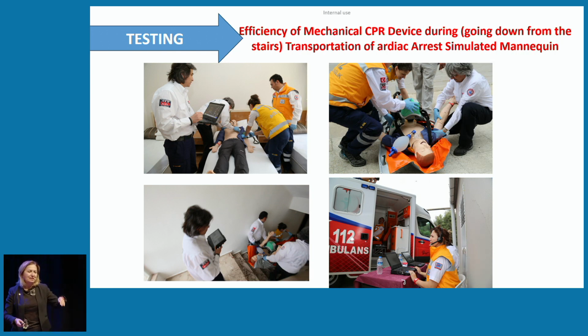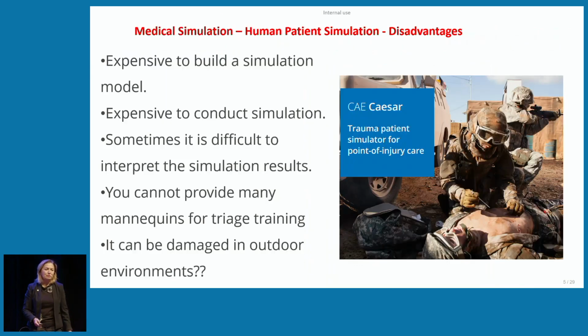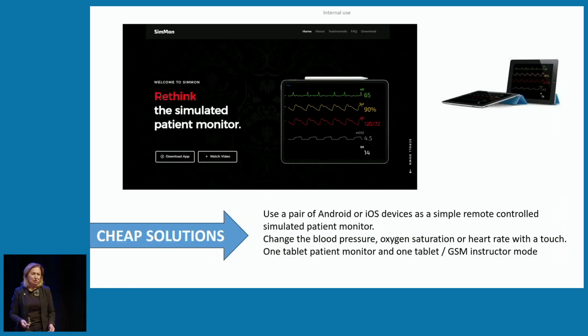For going down the stairs, we need uninterrupted chest massage, so it can be used in such cases, but they are very, very expensive, and sometimes they get damaged. They also produce the Laerdal trauma patient simulator, but damage can also happen.